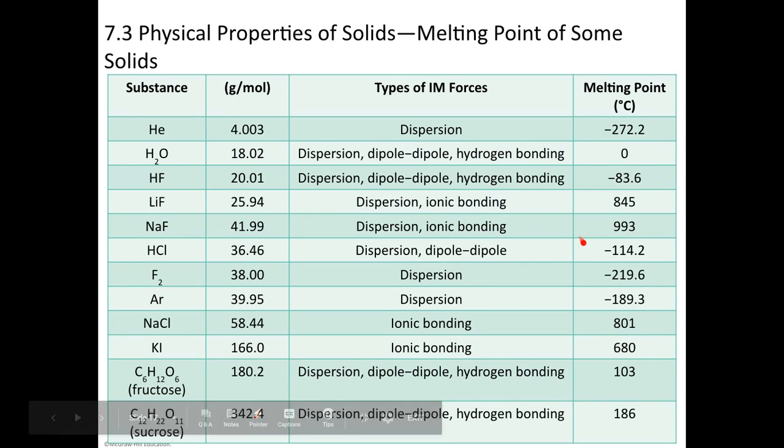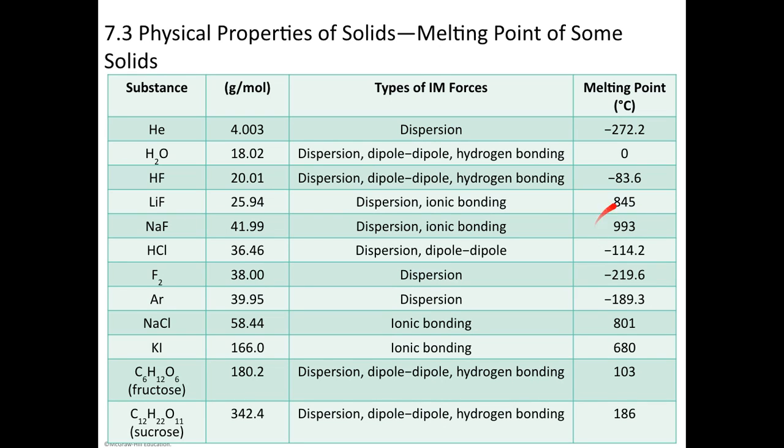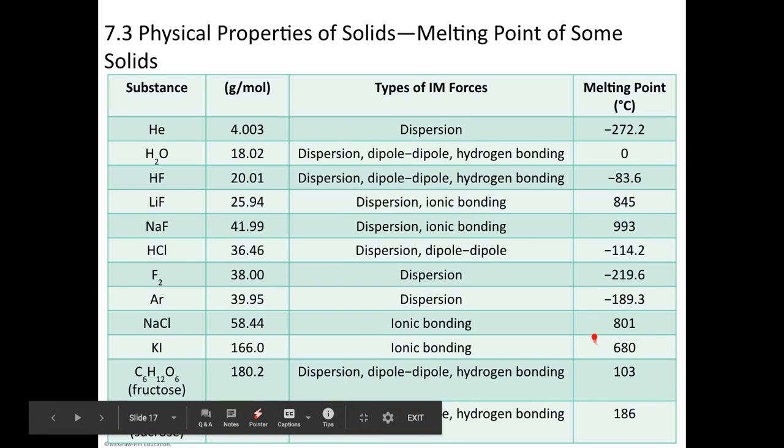Now in general, what you notice is ionic bonding has very high melting points, and those are usually the highest. In this case, this has dispersion, dipole-dipole, and hydrogen bonding. This is a sugar, and that's going to also have a pretty high melting point.